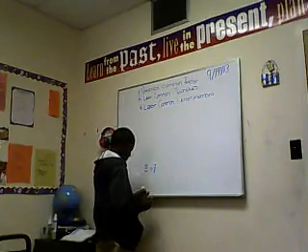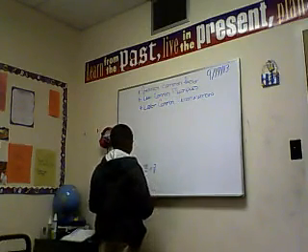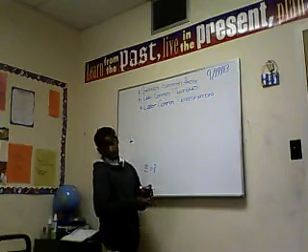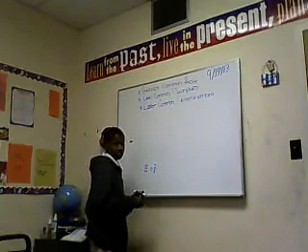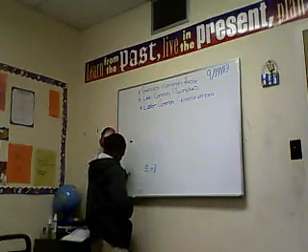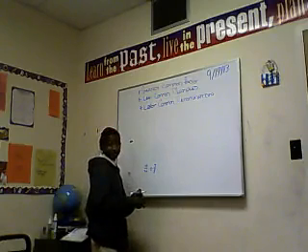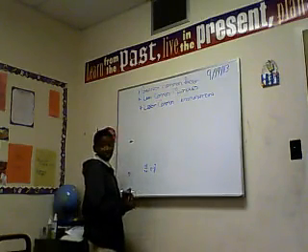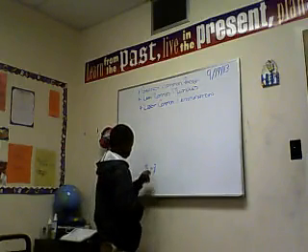You need help? What's the first thing you do? You need to find your LCD. And you're going to do that by, okay, and you're going to put 39 over 40.